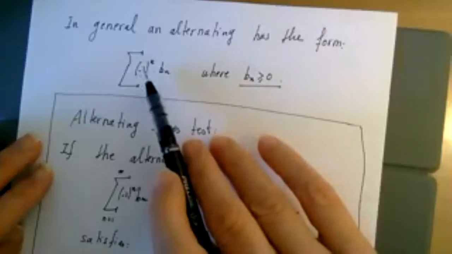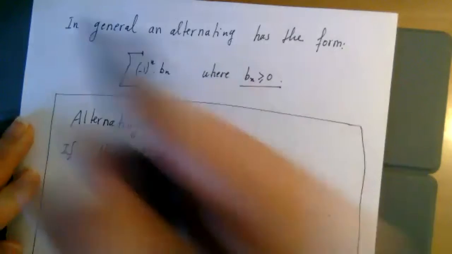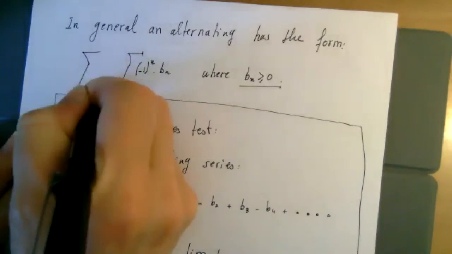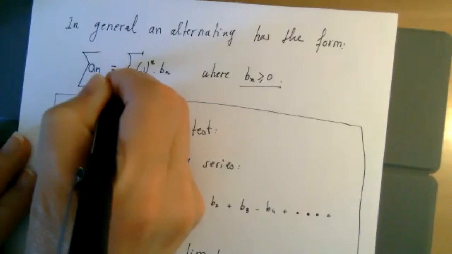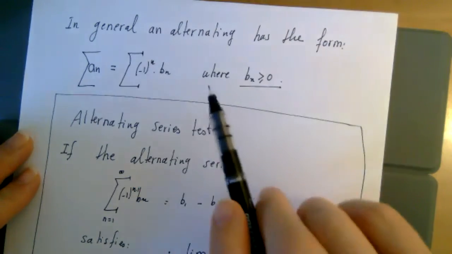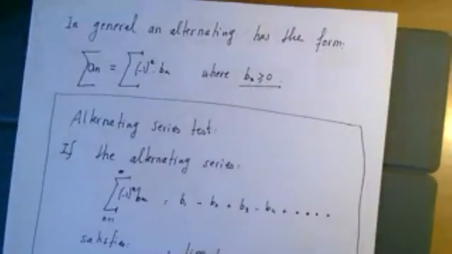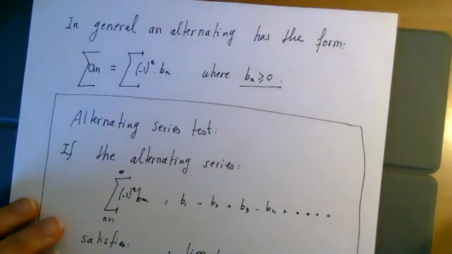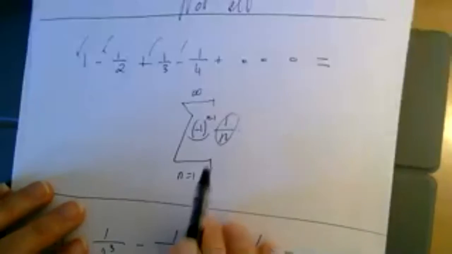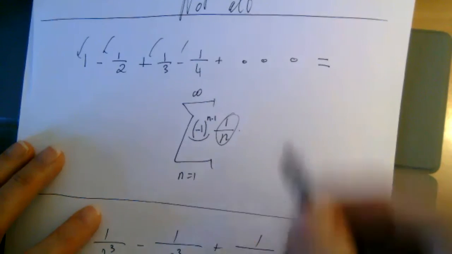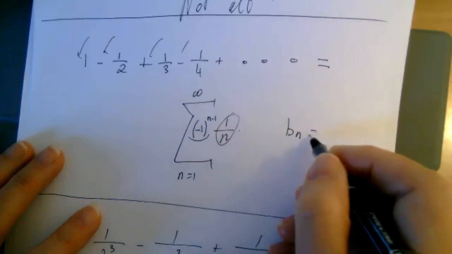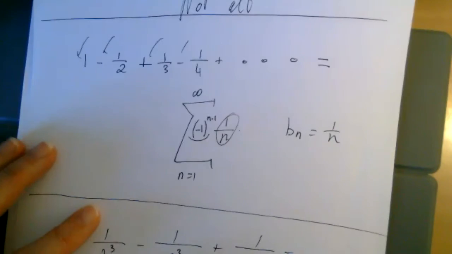So I can rewrite them. It has the form sigma an equals sigma (-1)^n times bn, where the bn is positive. So let us see what I mean by the bn. In my scenario here, the bn is the 1 over n. Those are the positive terms.